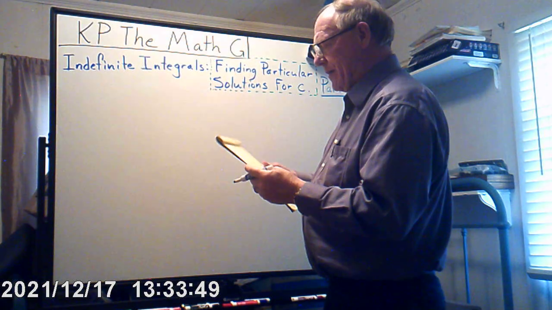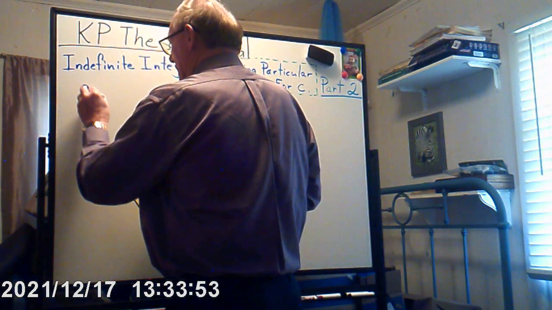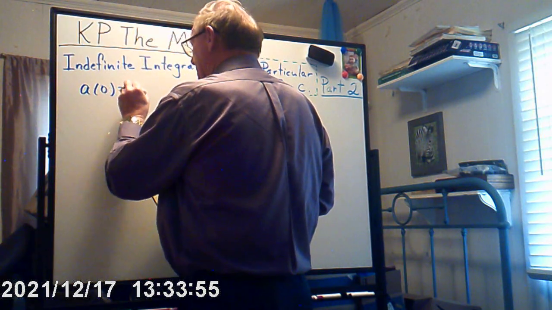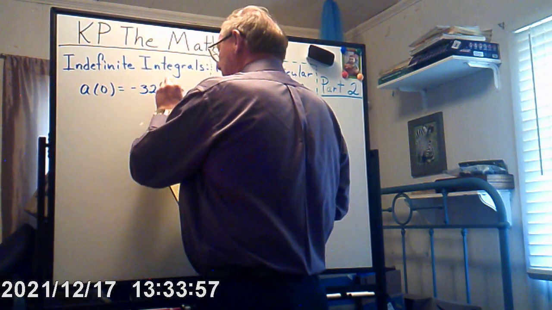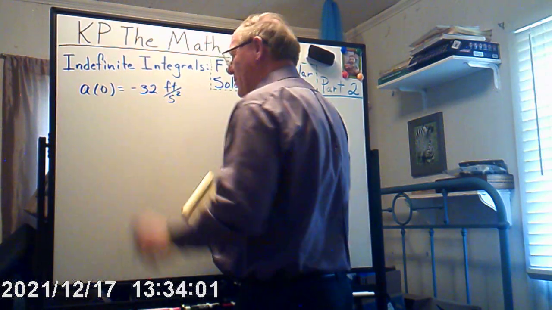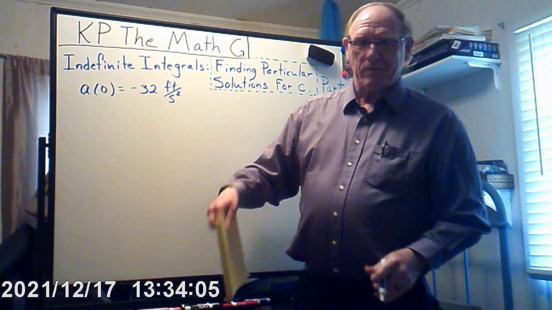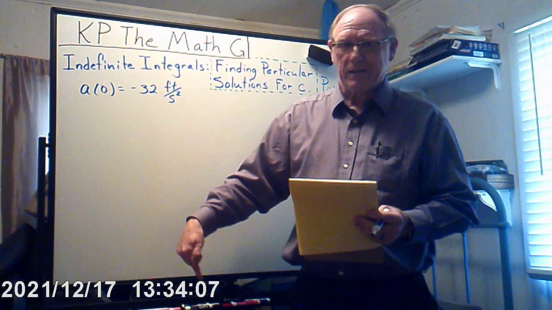Okay, so in this case, we have an initial condition, a at 0 is equal to negative 32 feet. We're going to go with feet and seconds, so feet per second squared. It's negative because we're talking about gravity.